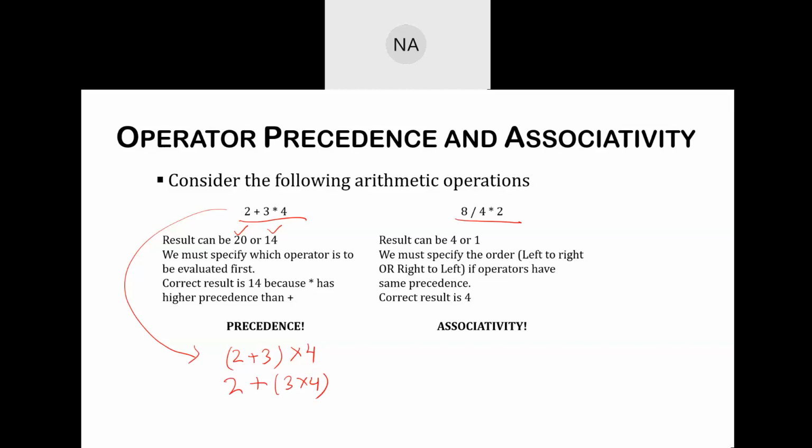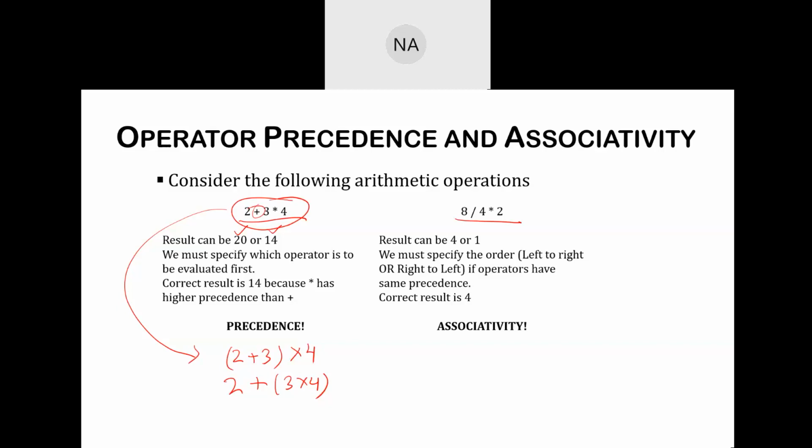In fact, for this expression the correct result is 14 because multiplication is performed first. Why is multiplication performed first? Because multiplication has higher precedence over summation, so multiplication is evaluated first.